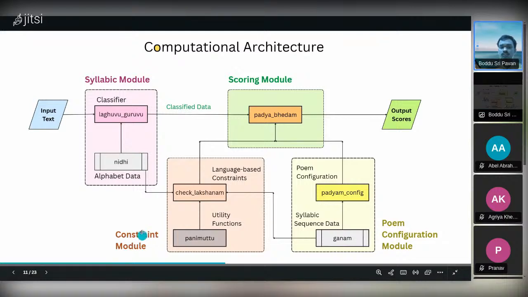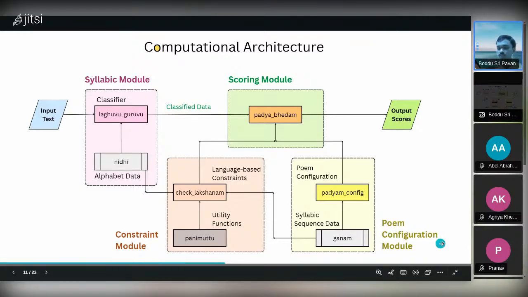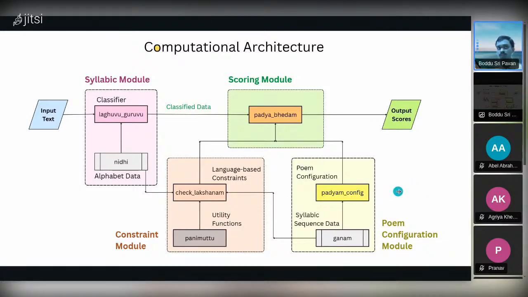The constraint module implements the language-based constraints such as caesura and alliteration patterns. The poem configuration module could be used to predefine the given poem types. These poem types may differ from language to language. And the scoring module aggregates all these things, computes the score, and outputs the average.